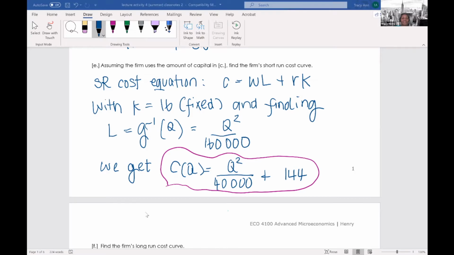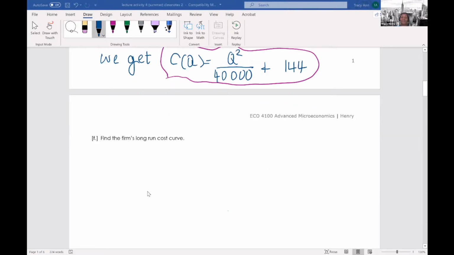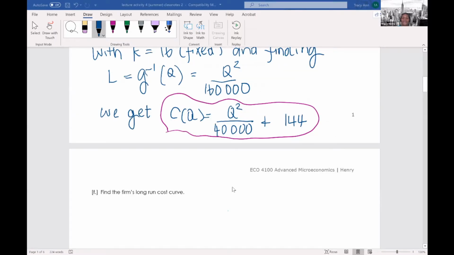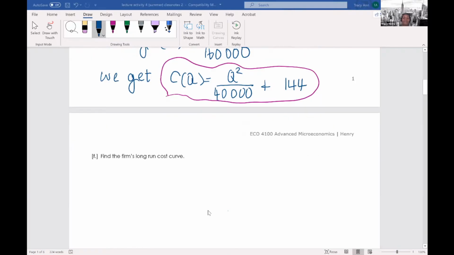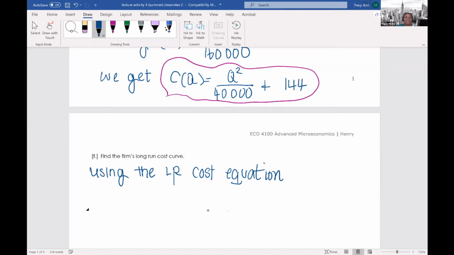Okay. So now let's go to finding out the firm's long run cost curve. Finding out the long run cost curve is similar to finding out the short run cost curve, meaning here we are going to use the long run cost equation. And our long run cost equation, no surprise, is the same as our short run cost equation.